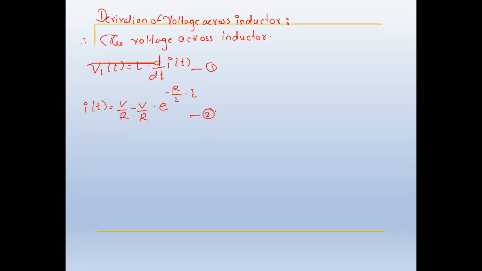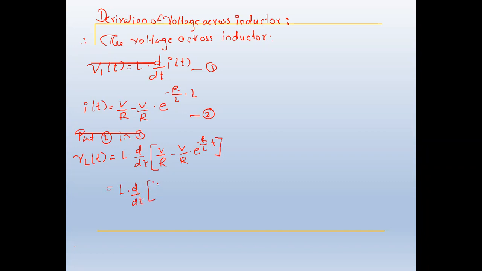If we put equation 2 in 1, we get VL of t is equal to L into d by dt of V by R minus V by R into e raised to minus R by L into t, which is nothing but L into d by dt of V by R minus L into d by dt of V by R into e raised to minus R by L into t.